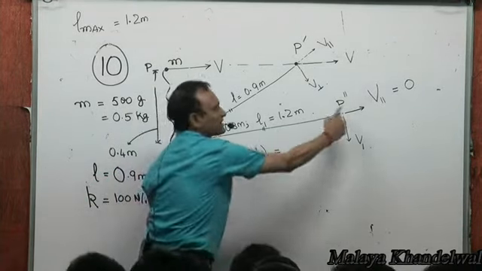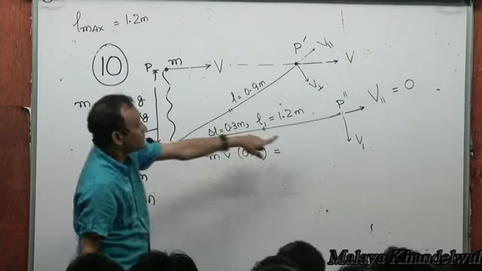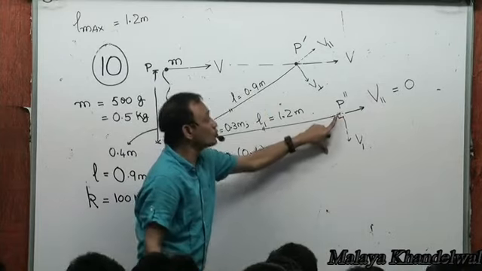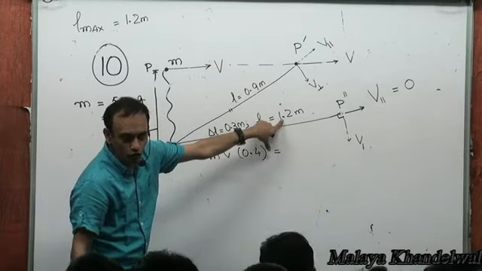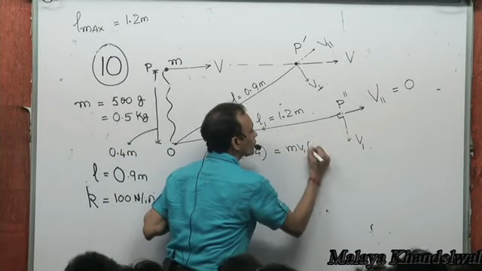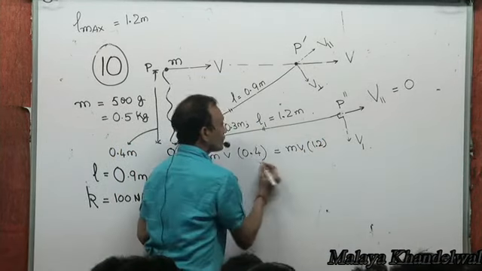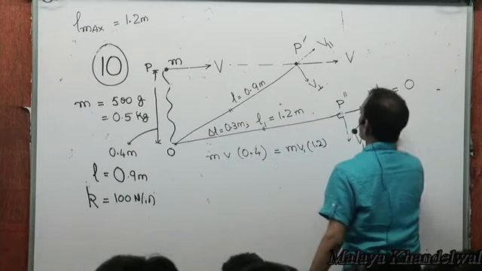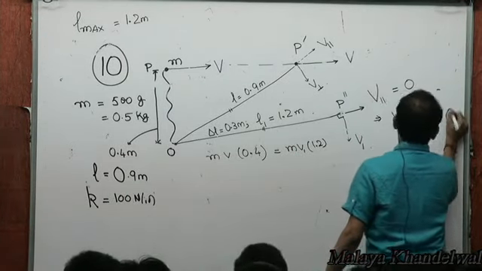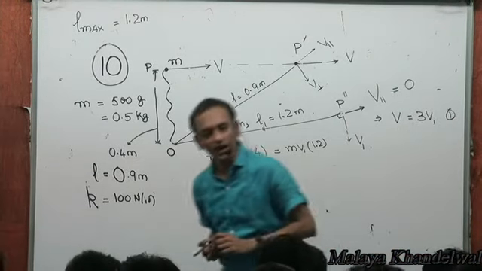And in a state of maximum elongation, this V1 would be perpendicular to the cord, so that's going to be mV1 into 1.2, right? Which would mean that V will be 3 times V1. V would be 3 times V1. How about it?